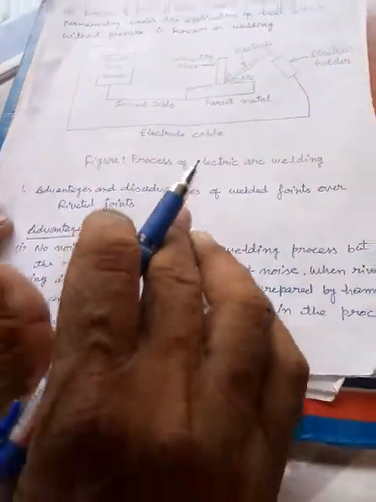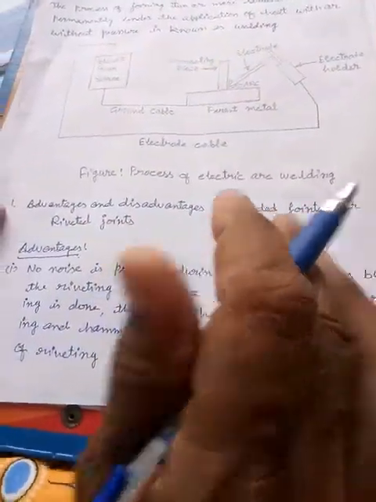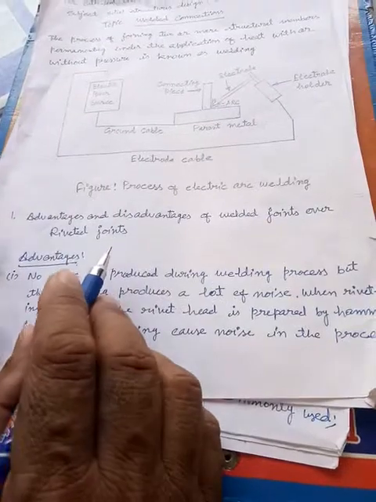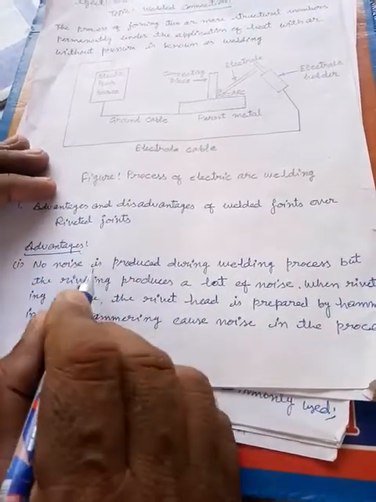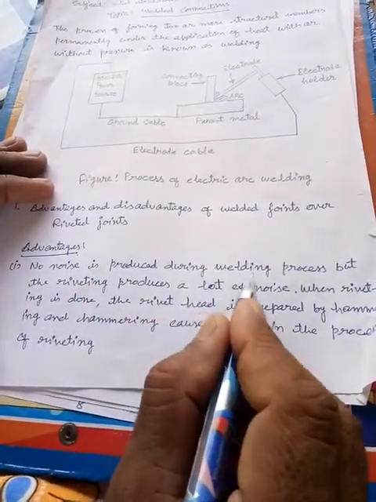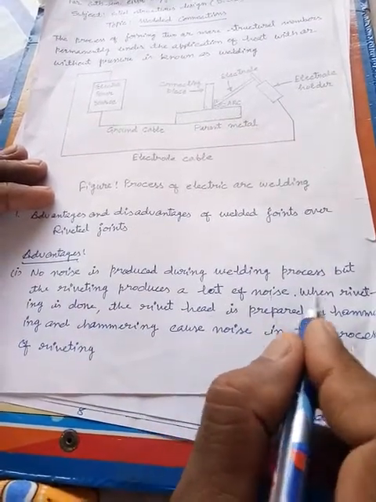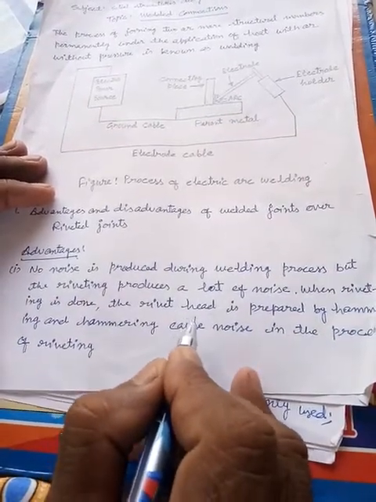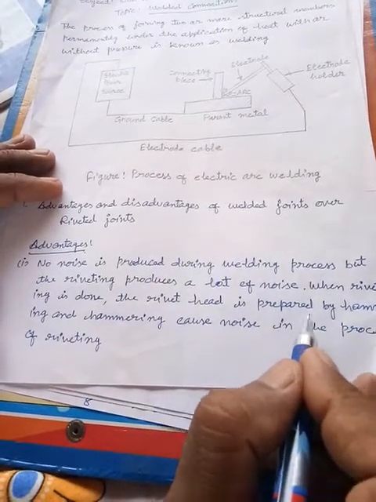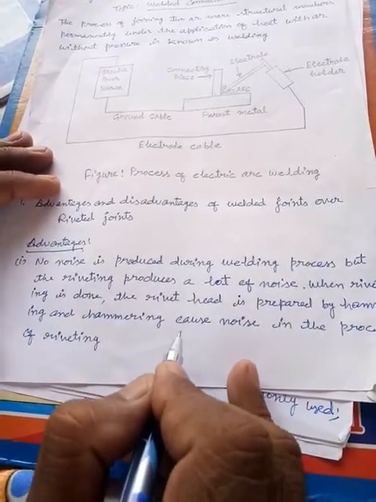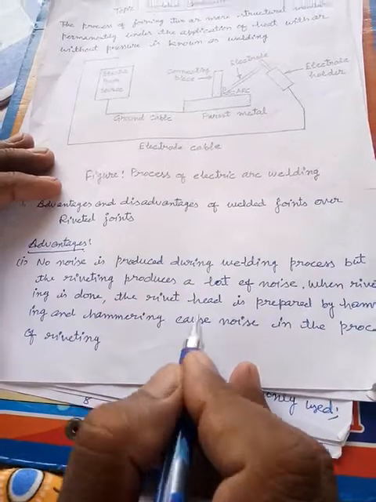So then advantage and disadvantage of welded joints over riveted joints. So first advantage, no noise is produced during welding process, but the riveting produces a lot of noise. When the riveting is done, the rivet head is formed by hammering, and hammering causes noise in the process of riveting.